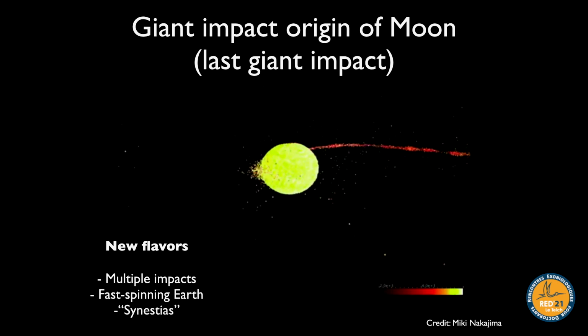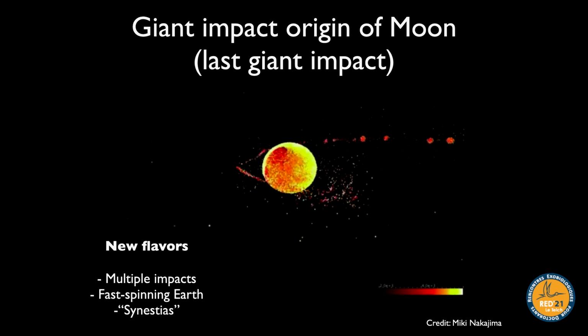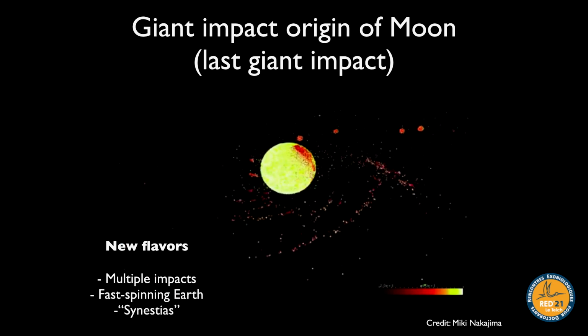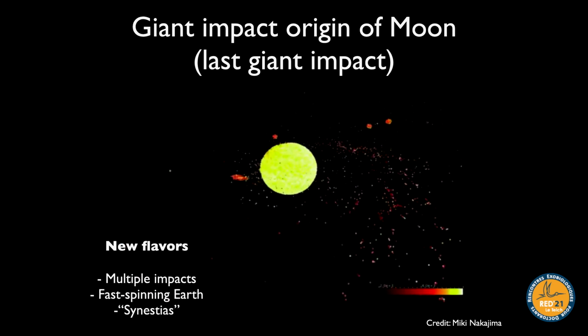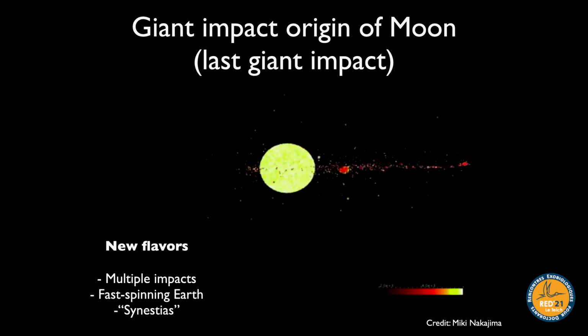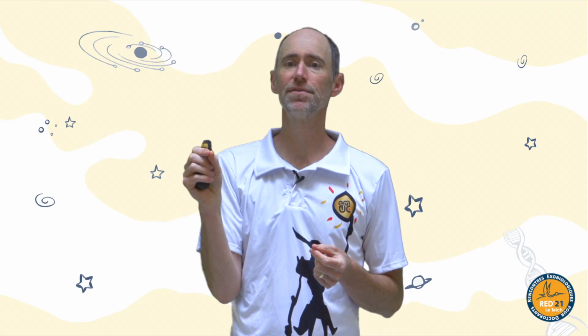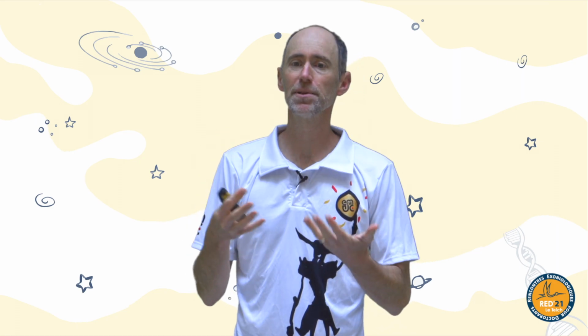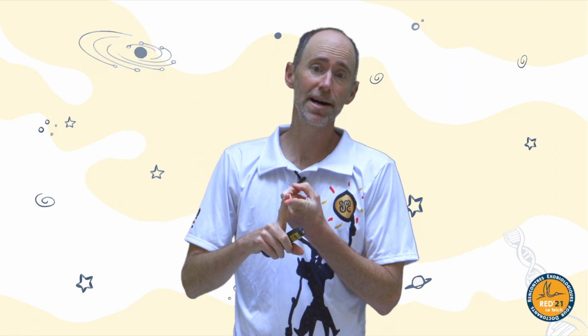The reaccretion of material within that disk can form the moon, basically. There are a lot of different studies of this process showing several different flavors of moon-forming impacts that may possibly explain our own moon. There's a model invoking multiple smaller impacts.